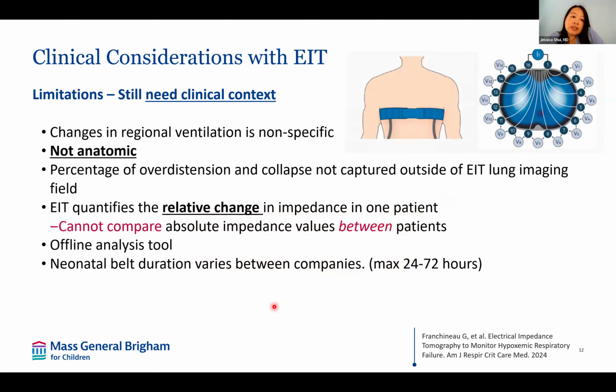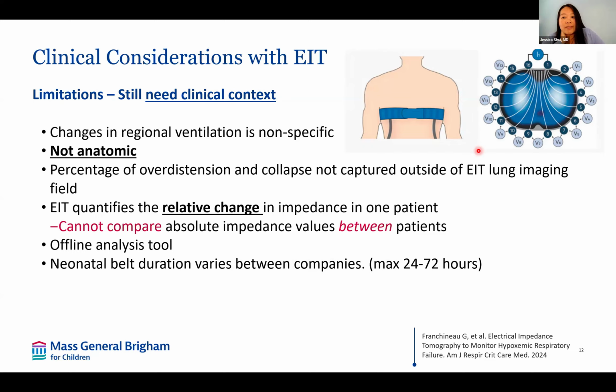But like with any clinical tool, you have to have the context to be able to interpret it, because these changes in regional ventilation that EIT is able to measure are very nonspecific. One, it's not anatomic. We comment on right and left halves of the chest, but in a situation where there's a mediastinal shift, in an unrepaired congenital diaphragmatic hernia, or a tension pneumothorax, it's not going to comment on right and left lung.